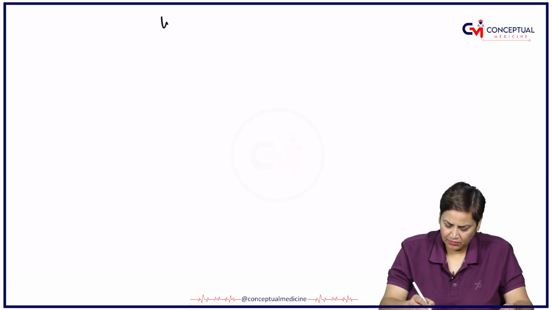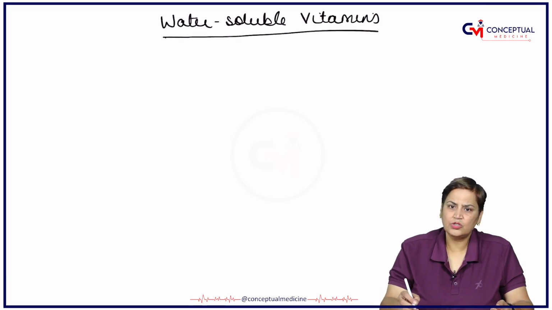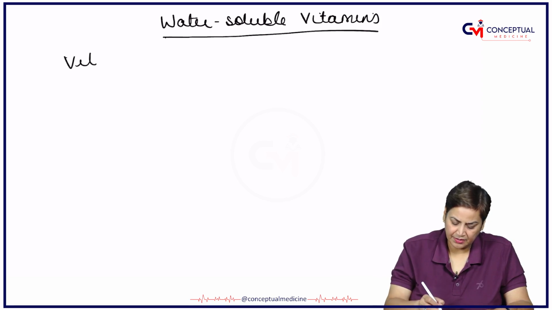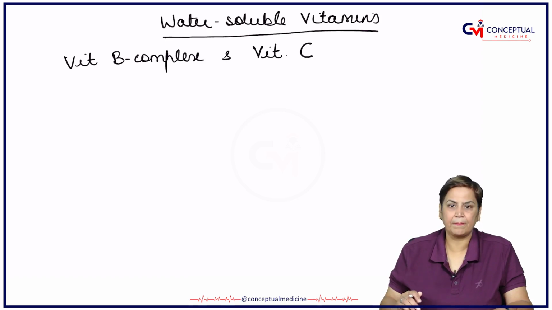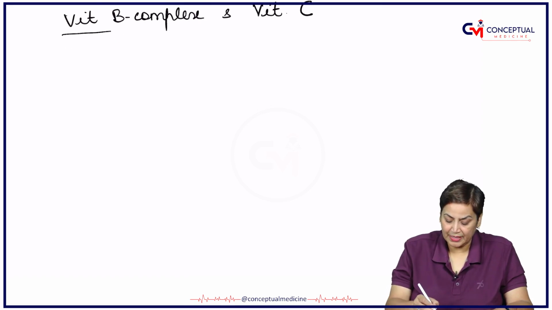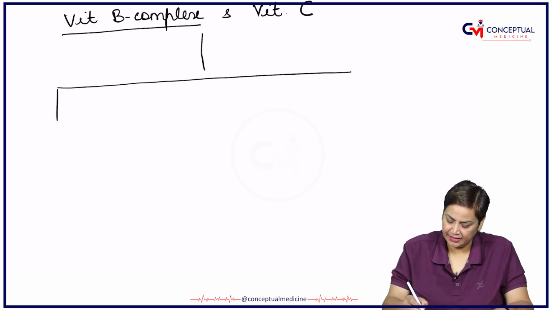So first of all, water-soluble vitamins comprise vitamin B complex and vitamin C.